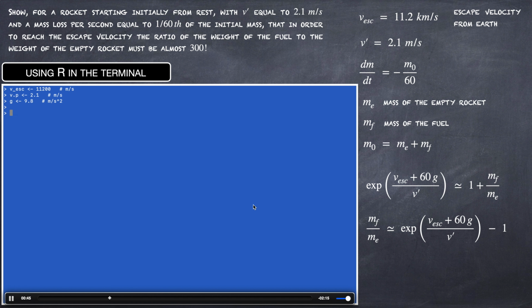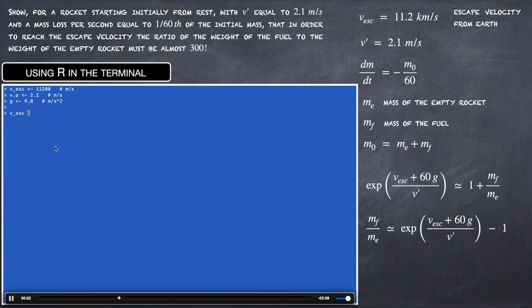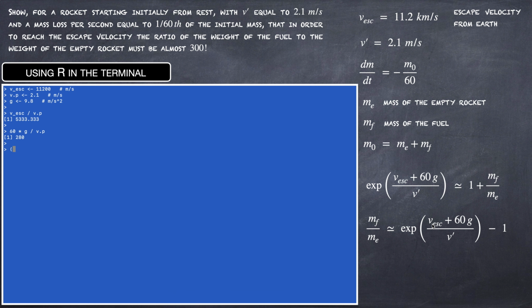Okay, then let's see this term, escape velocity over v prime. This ratio is 5,300. What about 60g over v prime? This is only 280. So this term is the dominant term.